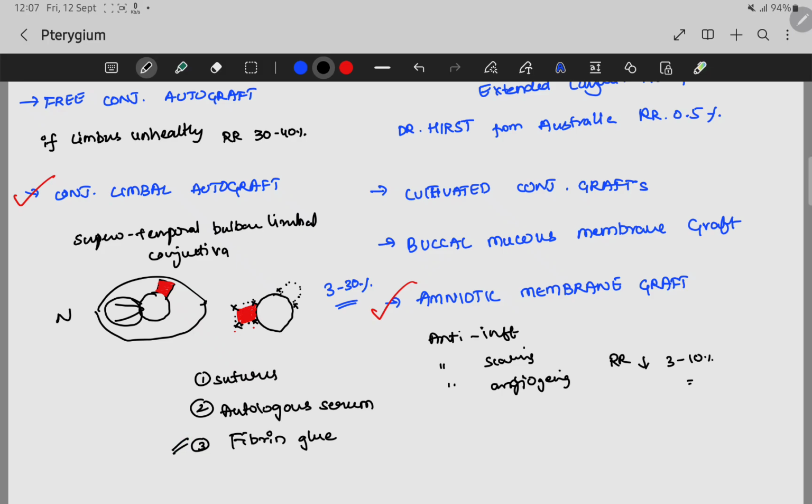So here there is less pain, less time and inflammation, because suturing and all takes a lot of time, and this serum, autologous serum, may be lost, or there can be graft displacement and all. So here we have fibrinogen part and the thrombin part. So fibrinogen part is applied on the graft, and the thrombin part is applied on the bare sclera. Okay.